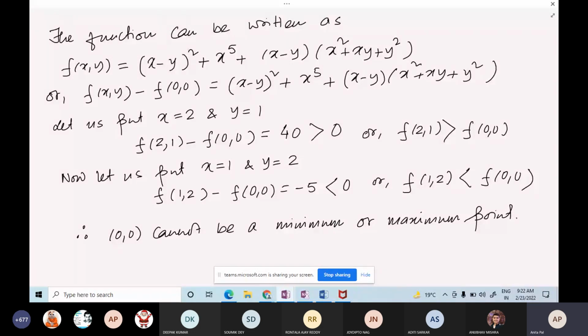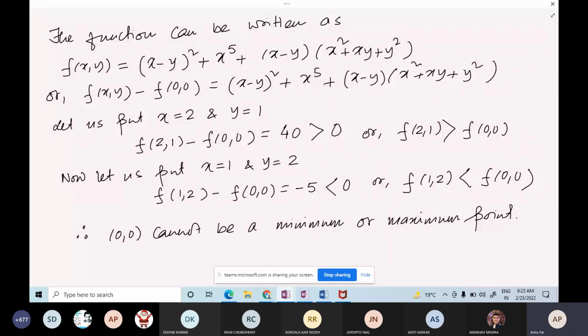We are just seeing the function and trying to get a conclusion out of it. Can we use higher derivative, third order? It will be complicated. Yes, you can use it, but it will be complicated. Somehow we have to come to a conclusion, that is it. There isn't any method. Now if you ask me why I have put 2 and 1, 1 and 2, why not some other thing? You can put. This is trial and error.